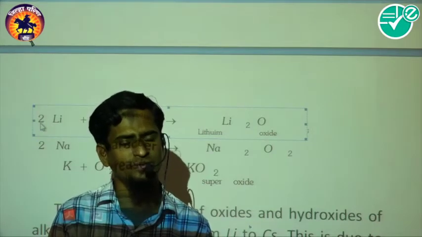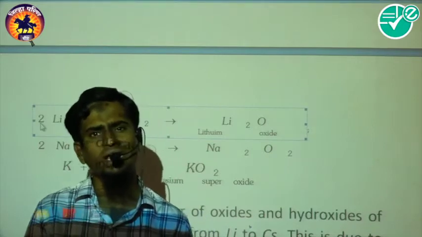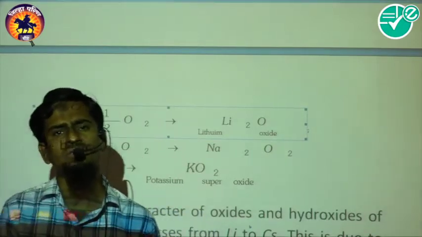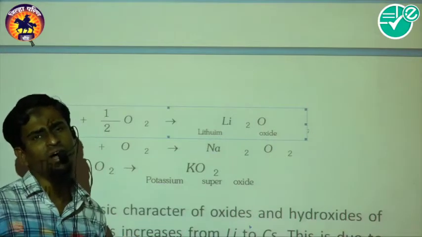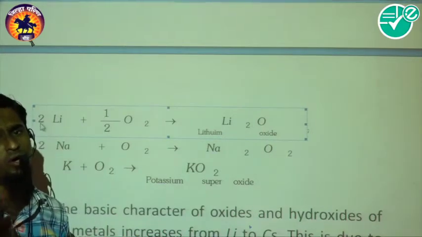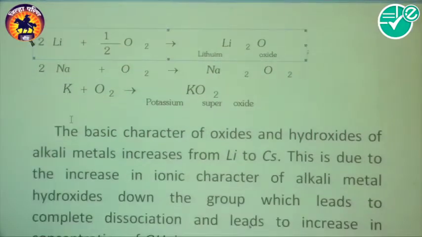Remember this point. If they ask in the exam about stability order, remember that the stability of peroxide and superoxide increases with increase in atomic size. This is the point you have to note in this topic. Then we will move forward.